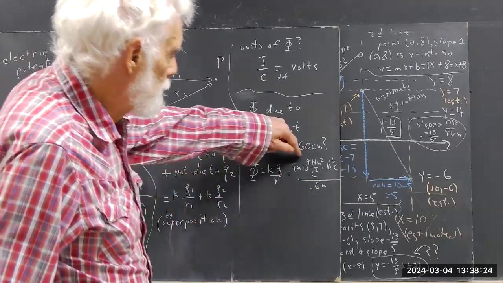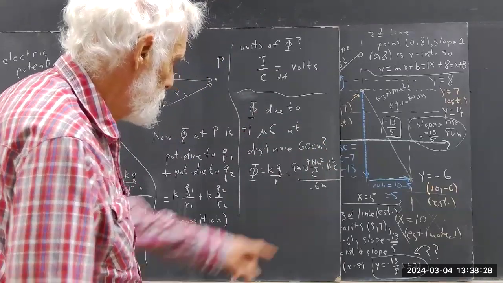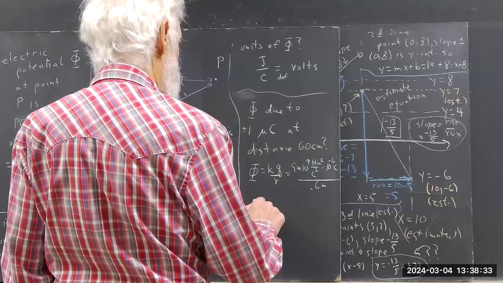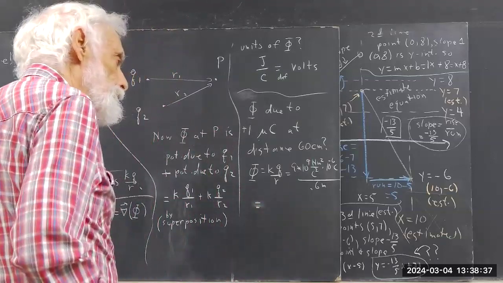It's 9 times 10 to the 9th newton meter squared per coulomb squared times 10 to the negative 6 coulombs divided by 6/10 of a meter.